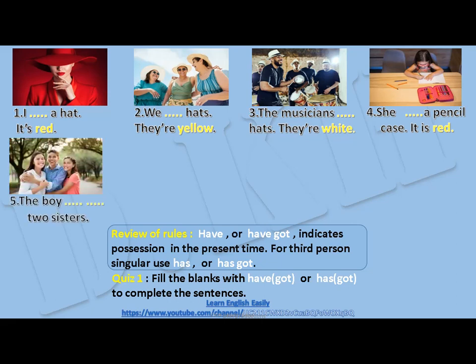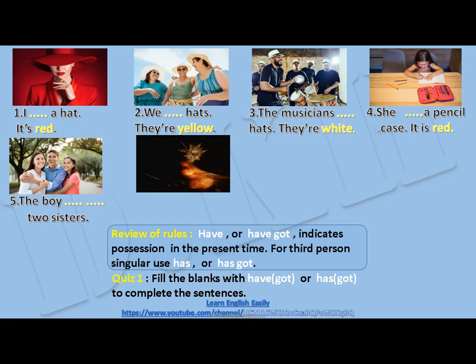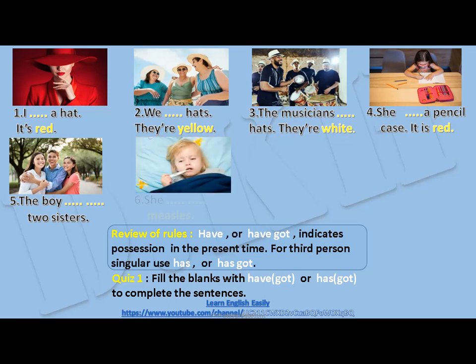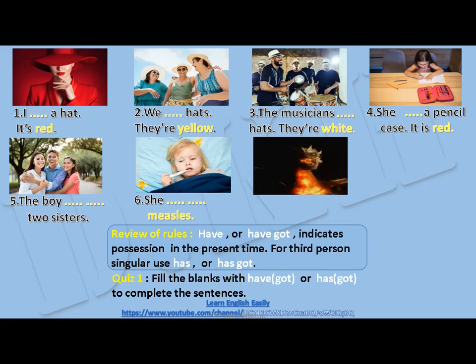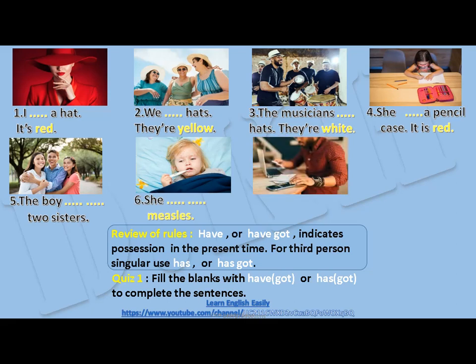Number 5, the boy has got two sisters. Number 6, she has got measles. Number 7, Mr. Johnson has got the cell phone.